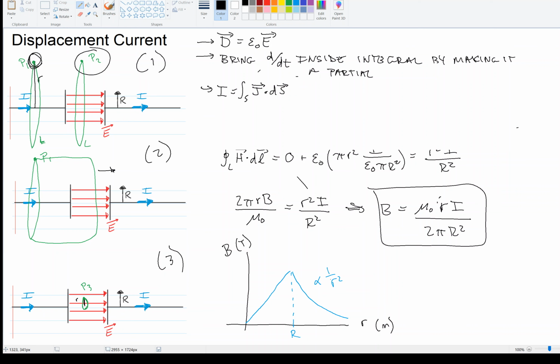So now we can write Ampere's law like this: a closed line integral of H dot dl is equal to a surface integral of J plus the time derivative of the electric flux density dotted with ds.